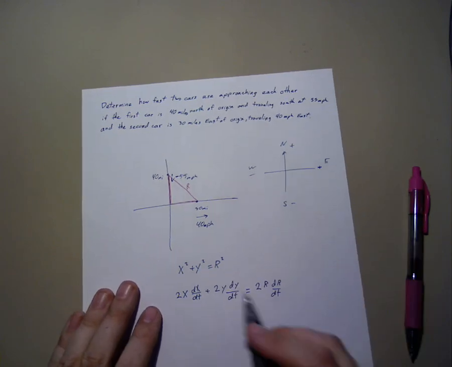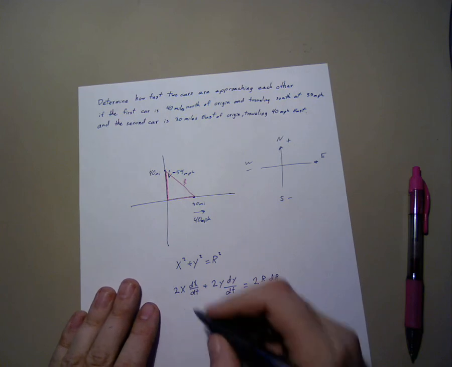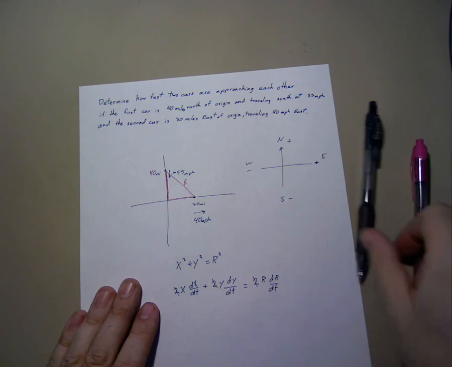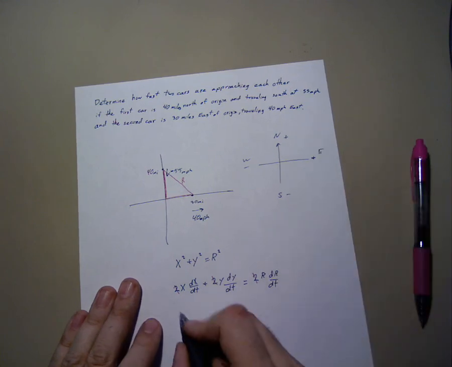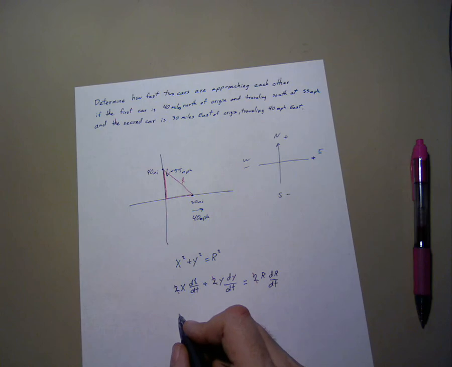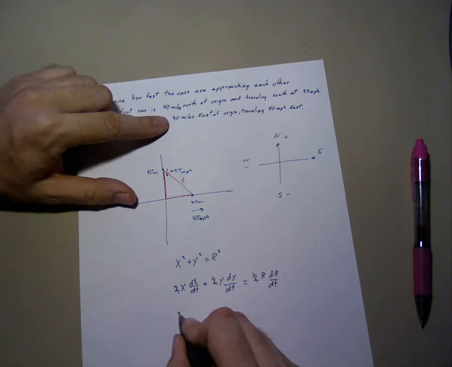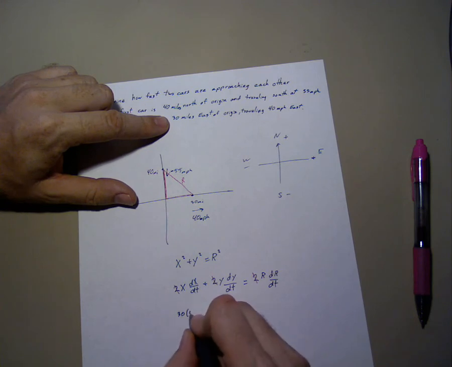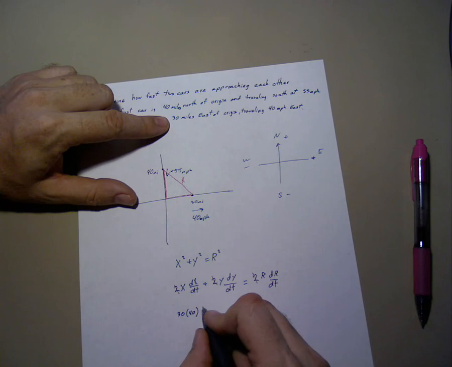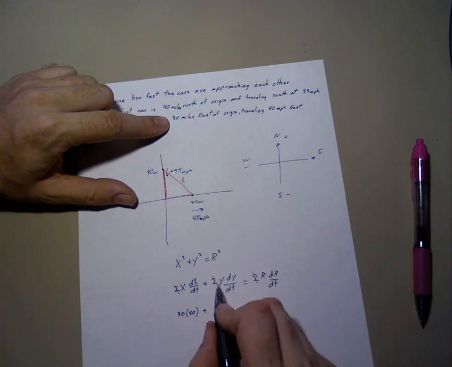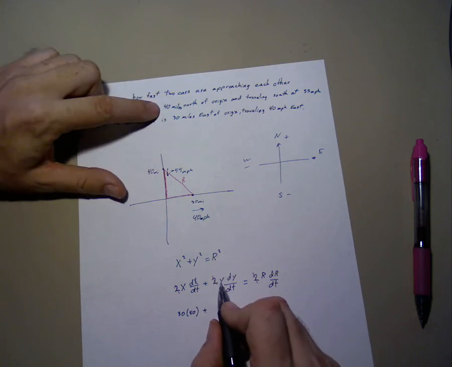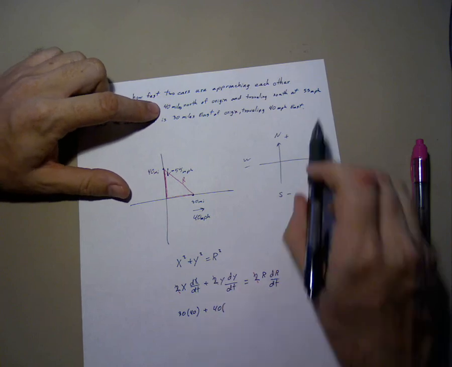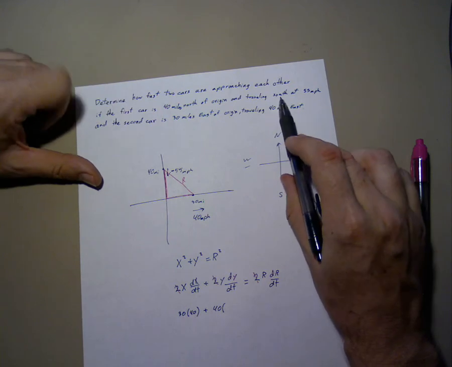So if I eliminate the 2's and solve for dr/dt, I get: x is going to be 30. dx/dt is 40 miles per hour, plus y is 40, going at 55 south.